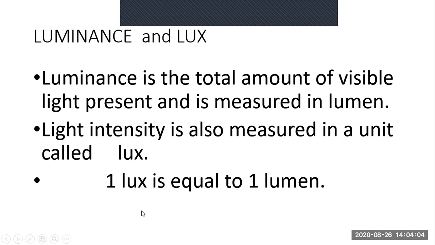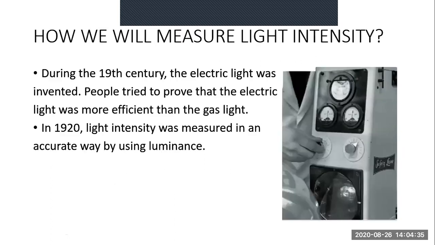What is the lux? It is the measuring unit of light intensity. It means when we measure light intensity, we say lux at the end. When we measure height, we say meter. When we measure light intensity, we say lux. Let's explain one more time.